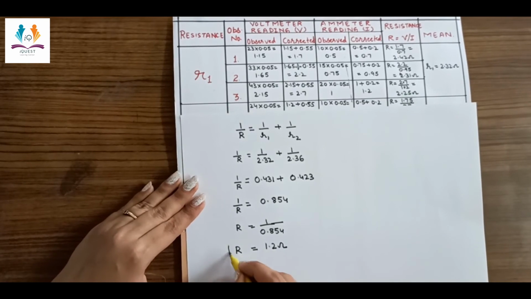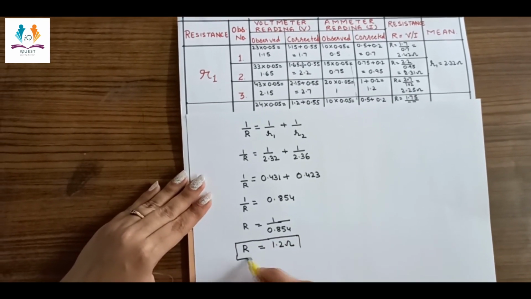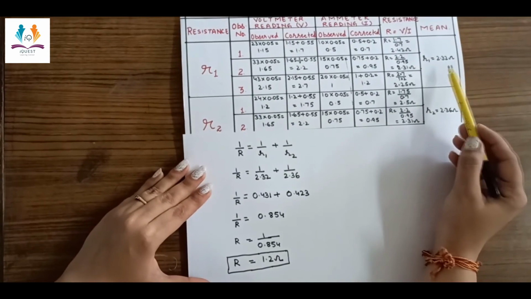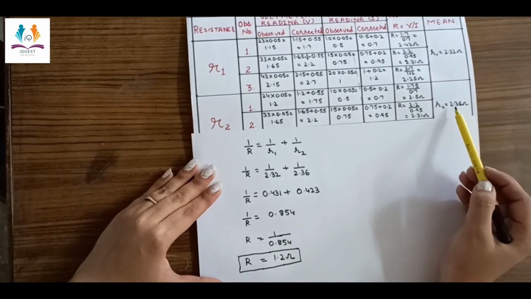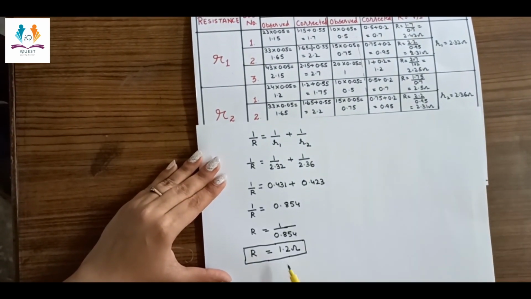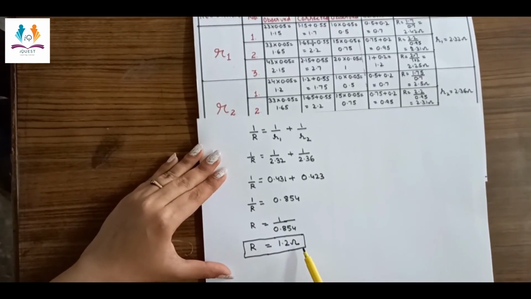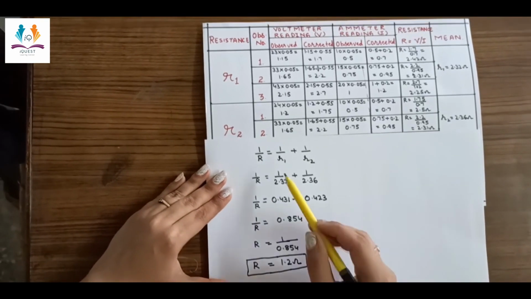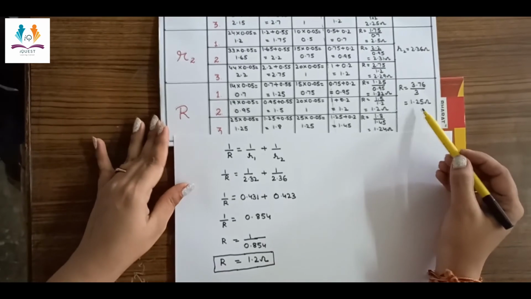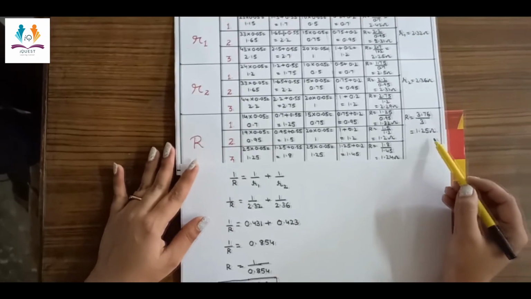So the value of the resistance when two resistors having the value 2.32 ohms and 2.36 ohm are connected in parallel is 1.2 ohm. This we have calculated by using the formula, and this is the value of the resistance that we have calculated with the help of experiment.